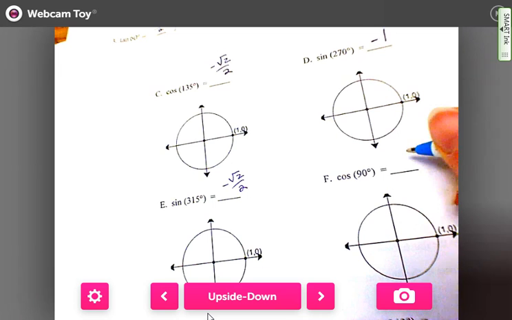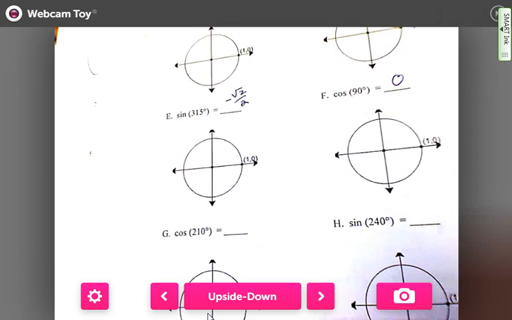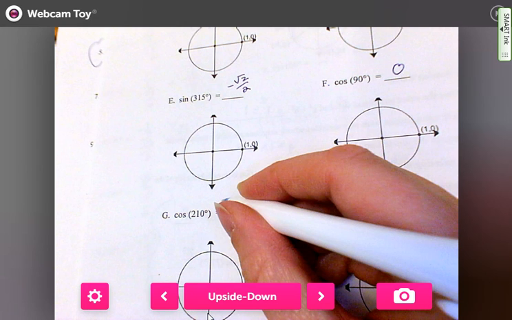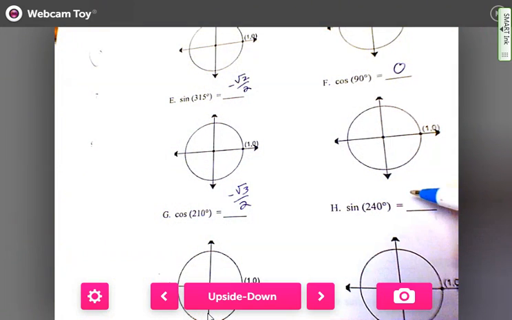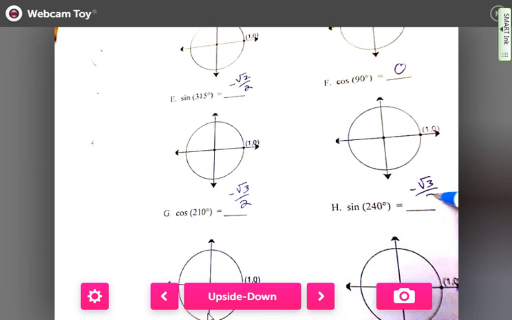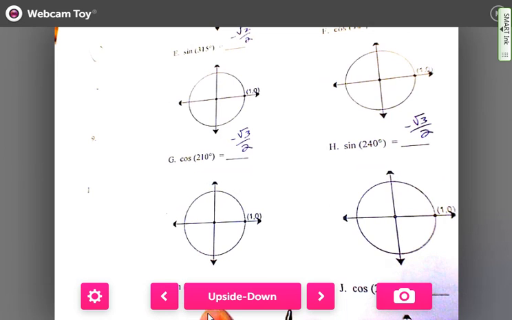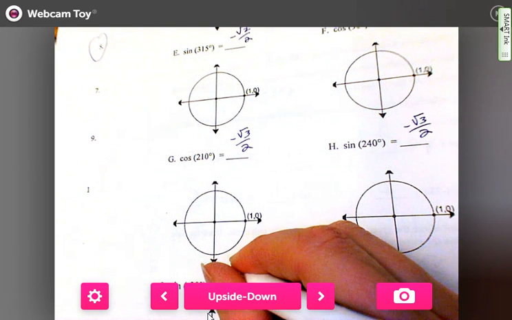The cosine of 90 should be 0. The cosine of 210 should be negative square root 3 over 2. The sine of 240 should be negative square root 3 over 2. The sine of negative 30, we got to go backwards. But the sine, the y value, should be negative 1/2.